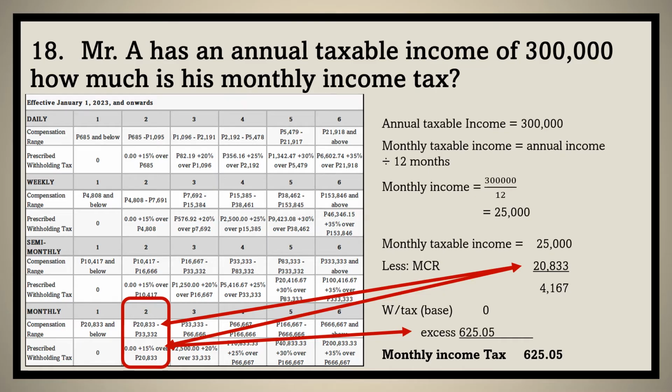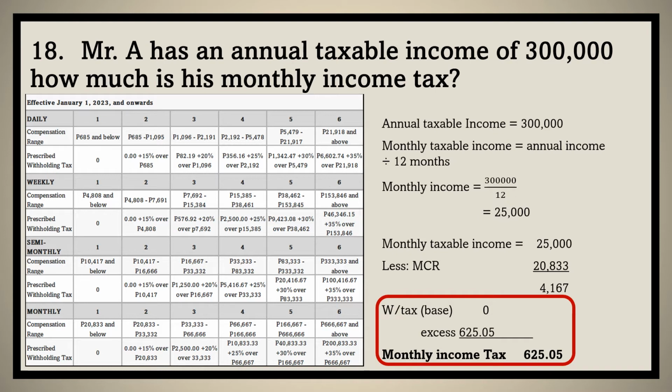The resulting excess will then be multiplied by the prescribed withholding tax rate of 15%, applicable to income in excess of 20,833. Given that there is no tax base amount and the tax for income in excess of 20,833 amounts to 625.05, the total monthly income tax is simply 625.05.